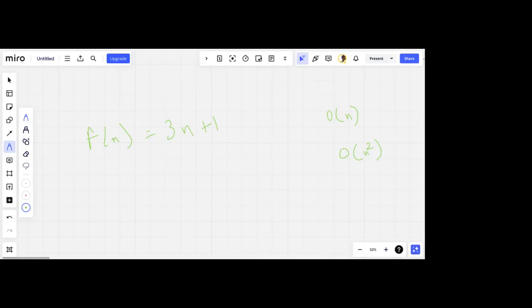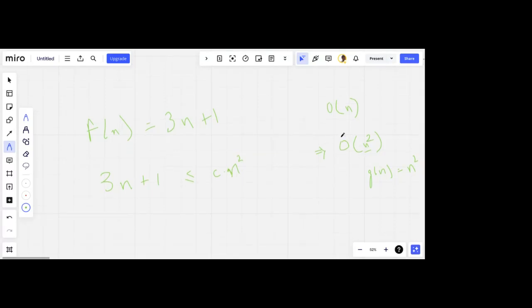Okay, so people are saying no. But guys, see this. What is the definition of big O notation? We are saying that if g of n is equal to n square, and if we cannot write it like this, then I cannot say that 3n plus 1 is less than or equal to c into n square.